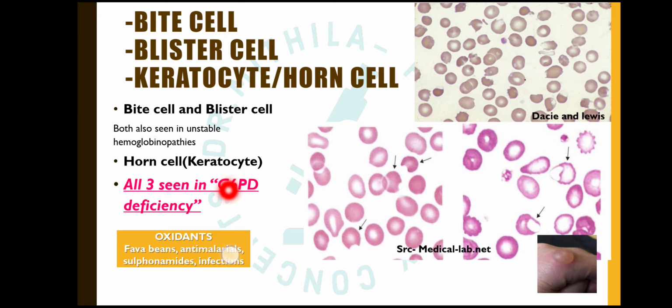This enzyme helps to keep glutathione in the reduced form and prevents oxidative damage to the RBCs. So in G6PD deficiency, we can see the bite cell, blister cell, and horn cells. Again, this information is important for problem-based questions. Bite cells and blister cells can additionally also be seen in the unstable hemoglobinopathies.